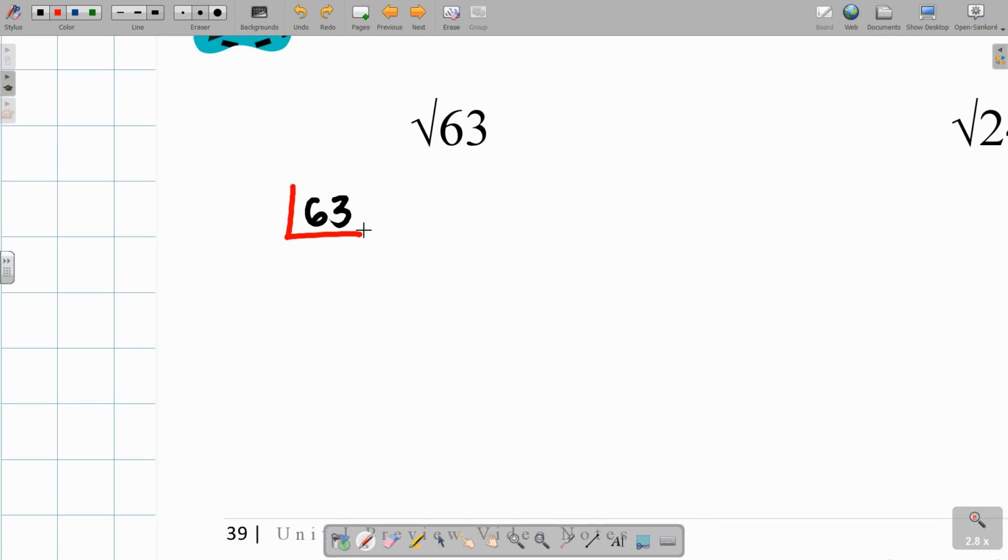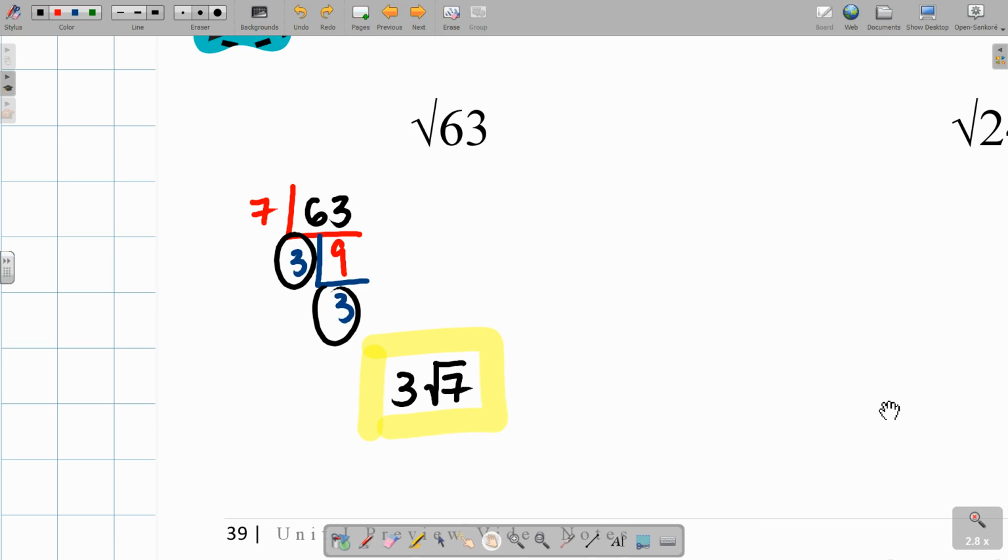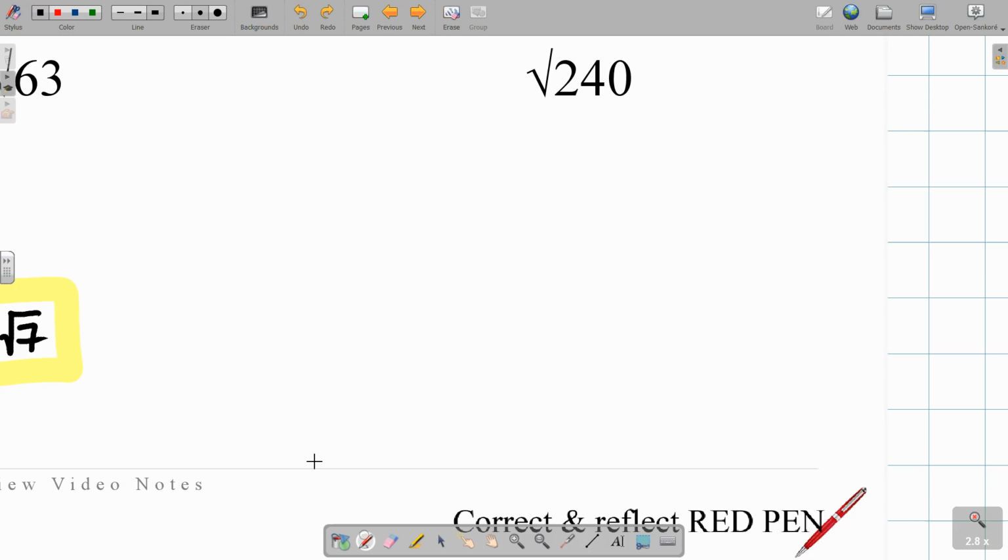And I know that 9, 7 goes in there 9 times. So I have a date. That's going to be 3 root 7. Over here, I'm going to use the factor tree.